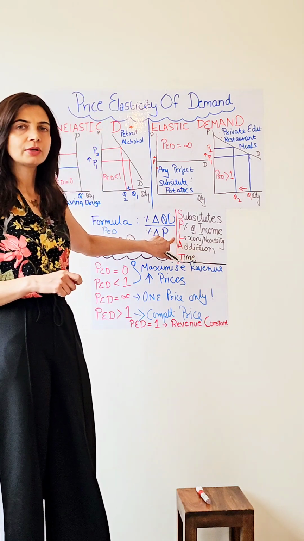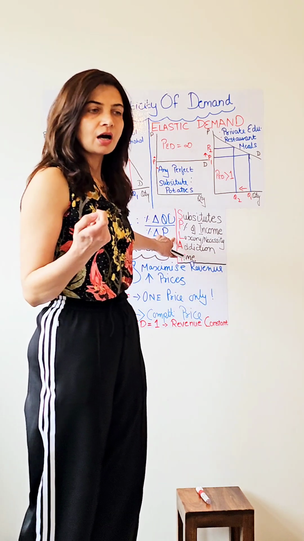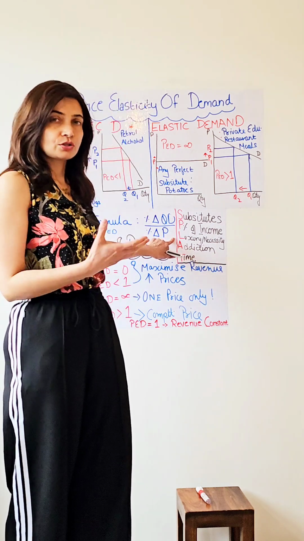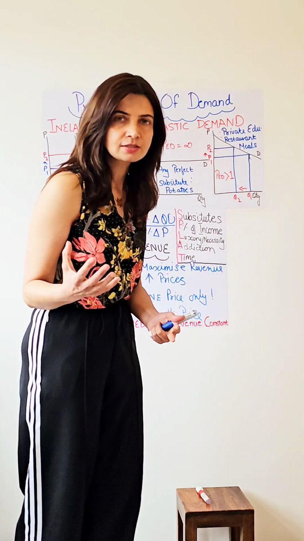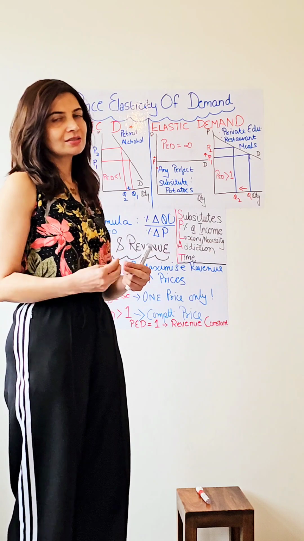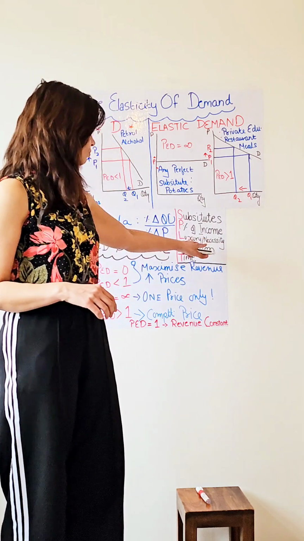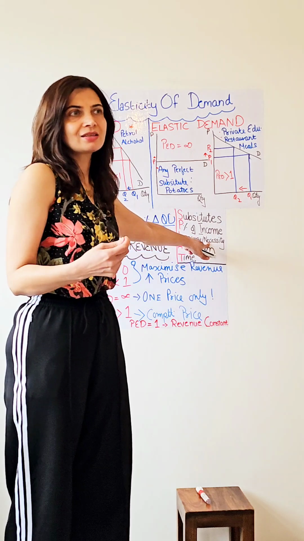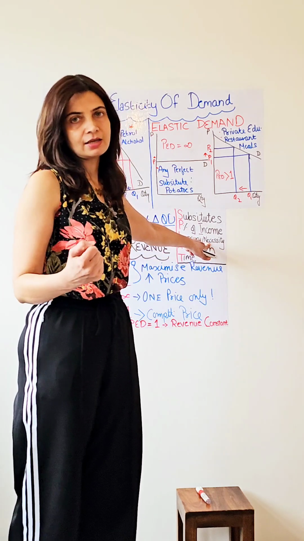Then we are also talking about what kind of product that would be. Are we talking about a product that is a luxury product or are we talking about a product that is a basic necessity? Anything which is a necessity for us is important no matter what. So therefore, our demand for anything which is a basic necessity, food, shelter, clothing, will be inelastic.